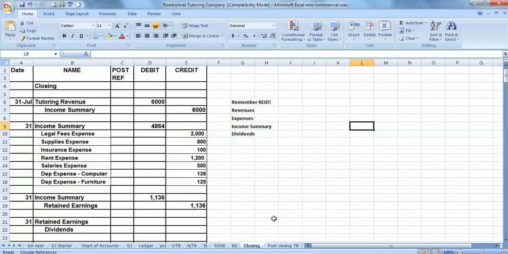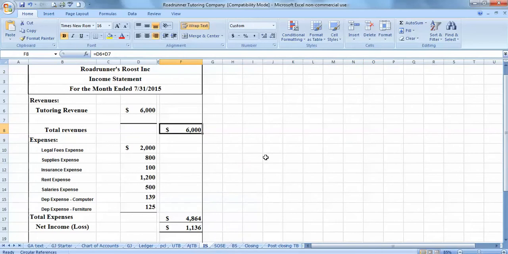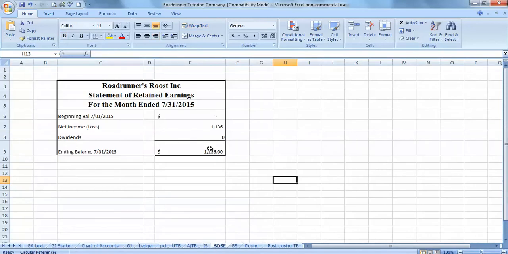So let's just backtrack just for 1 second and talk about this. Through the process of preparing the financial statements, we are taking the revenue minus the expenses and coming up with net income. And in the financial statements, we are moving the summarized income and expenses, the net income, we're moving it over to retained earnings. So we need to have this movement of retained earnings reflected in our general journal and in our general ledger.